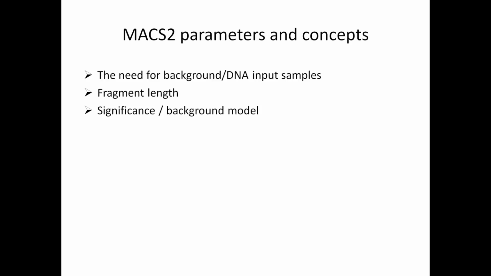Now, although MACS2 can be run only using a chip sample, it is best to include a DNA input sample that matches that chip sample, as I discussed earlier, and in doing so removes false positive binding regions from the downstream analysis. So basically, if you don't use a background input sample, you can't construct a background lambda model for the statistical significance test.